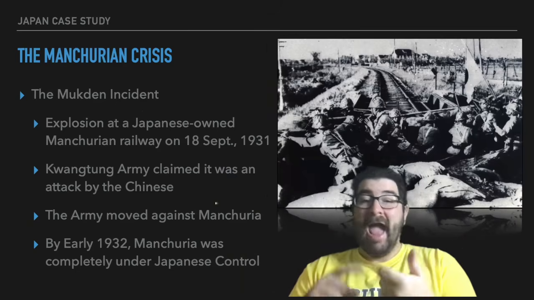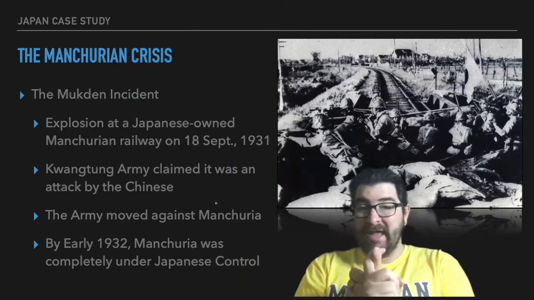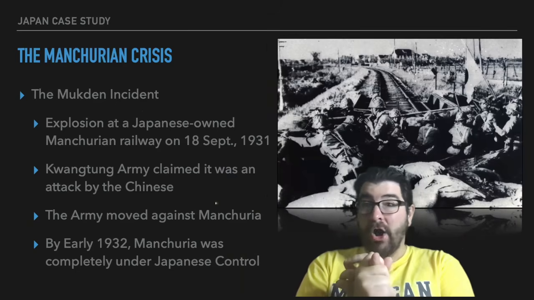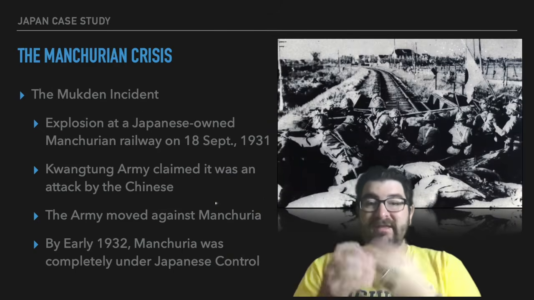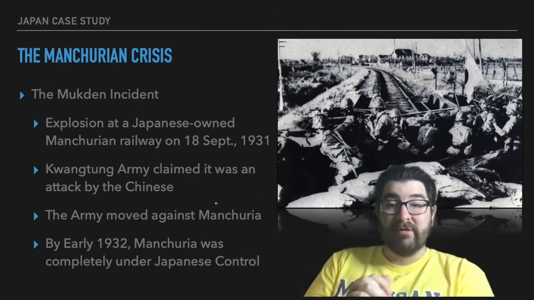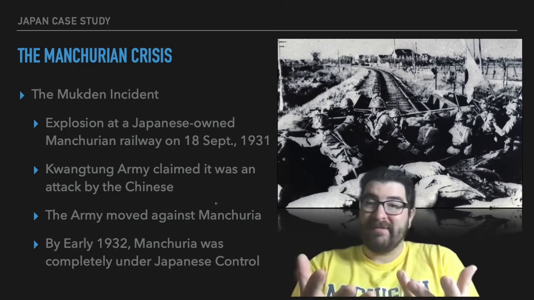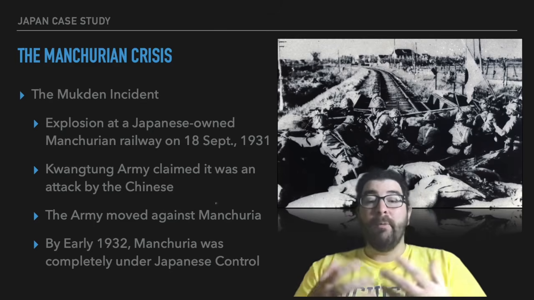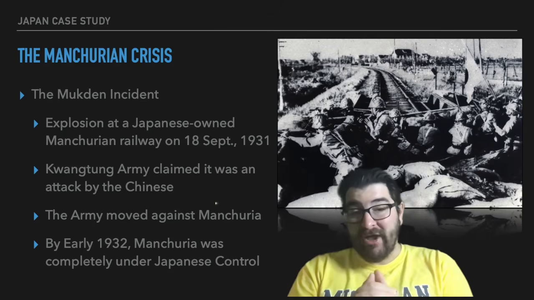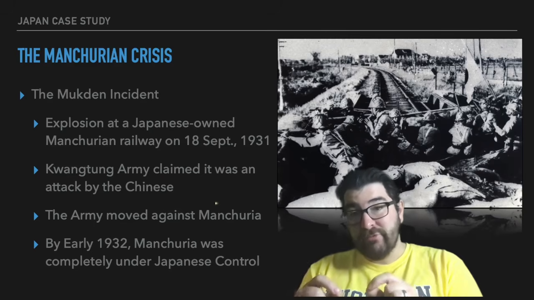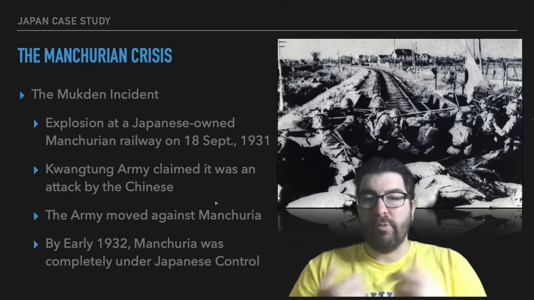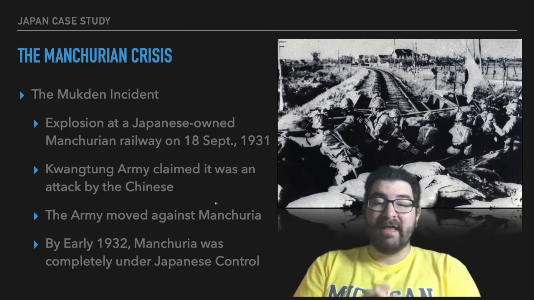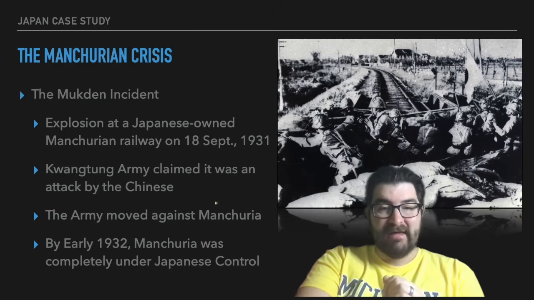So Japan had business interests in Manchuria, and Japan had armies stationed in Asia to defend those interests. Now that army, the Kwangtung Army, is going to claim that this attack on a railway was actually done by the Chinese, and they will use this as what we call a casus belli, a reason for war, to move against Manchuria and to seize that territory.